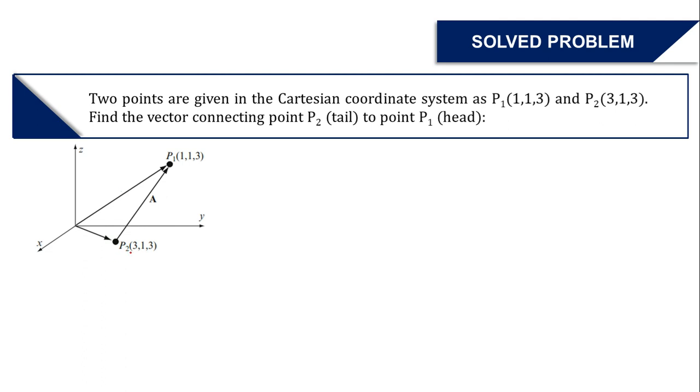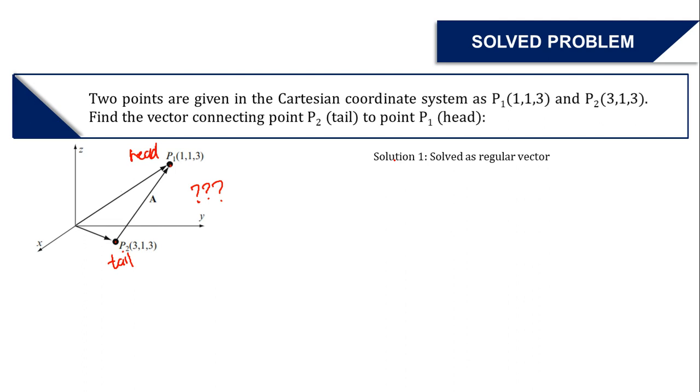Medyo pangit lang kasi yung point 2 nasa mababa. Okay. Anyway, meron tayong 2 points, yung ating tail nasa point 2 at yung ating head nasa point 1. Lagi natin tatandaan yan. Okay? So first, anong gagawin natin? Solution, let us solve it as regular vector. Ibig sabihin, gagamitin lang natin yung points 2 at saka 1 to solve yung vector na yan.